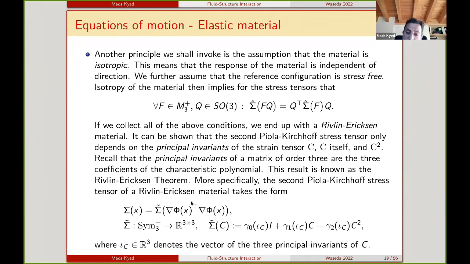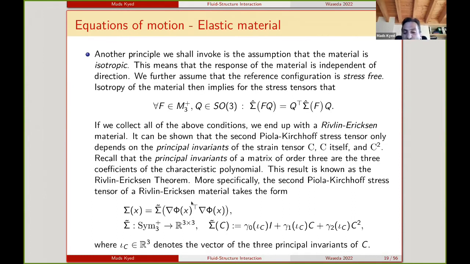Okay, so more specifically, the second Piola-Kirchhoff stress tensor of a Rivlin-Ericksen material takes the form that you see here down below. It's a response function which only depends on the strain C, and it depends on C in this very specific way, in terms of a polynomial: C to the power 0, that's the identity, C to the power 1, C to the power 2.